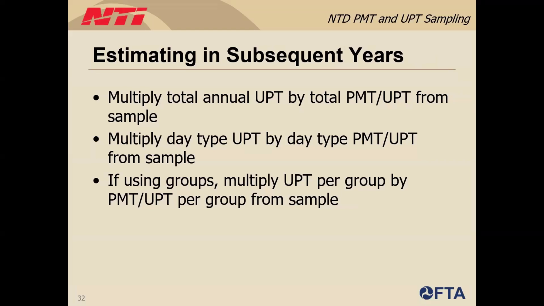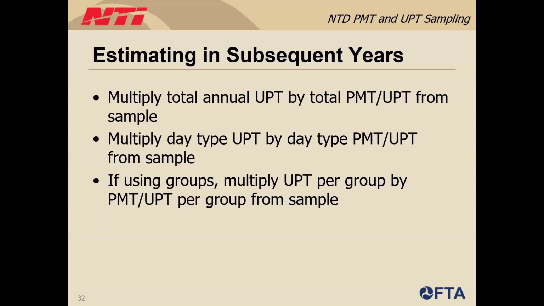Remember that if you have 100% count of UPT and meet a few other criteria, you can sample once every 3 years. You will use the APTL from your sample to estimate PMT for the 2 years after your sample. Multiply the APTL from your complete sample by the total annual UPT from the current year, that is, the non-sampling year.